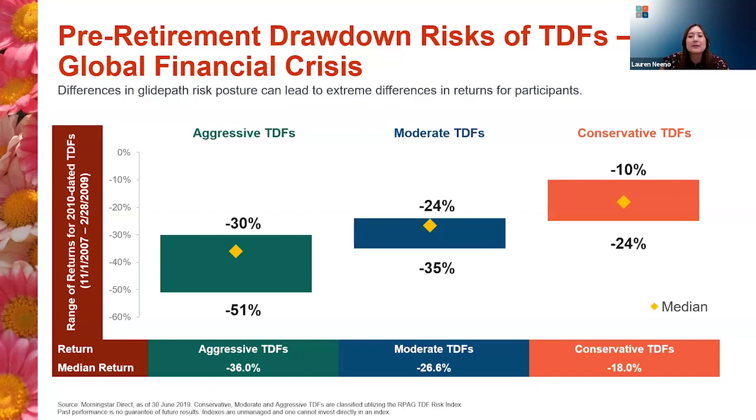So the one who lost 10% may still be able to retire close to on time, but the one that lost half of their account balance is likely going to have to delay retirement. And I think the most important thing to note here is that both neighbors likely expected to have pretty similar performance from their equally 2010 dated target date funds.